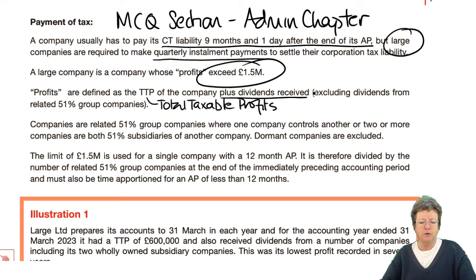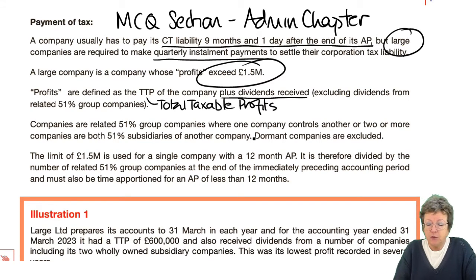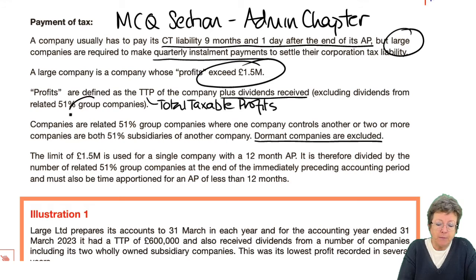All that will make sense as we get further on. Companies are related 51% group companies, where one company controls another or two or more companies. Do not include a dormant company if you are working this out. Okay, so group companies, this is the definition of one of those.